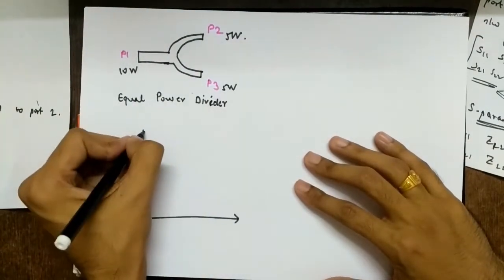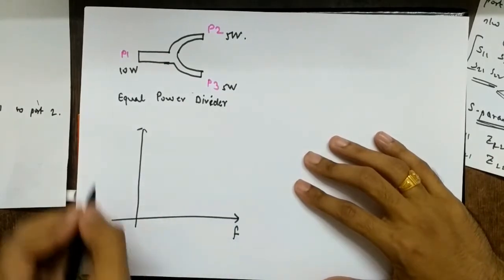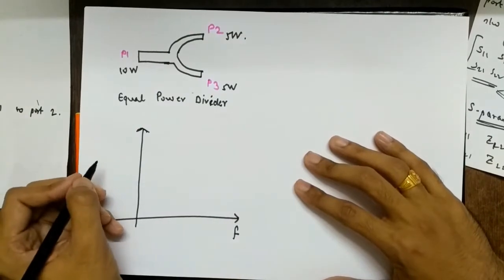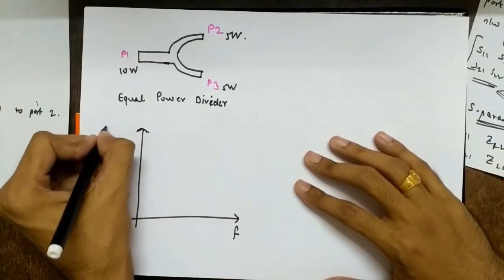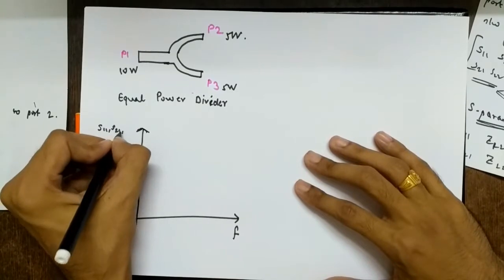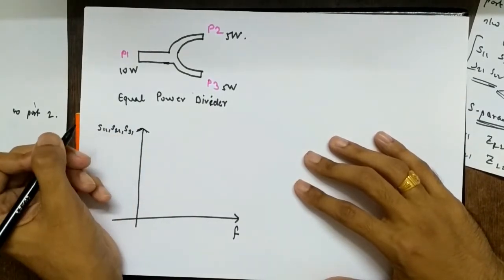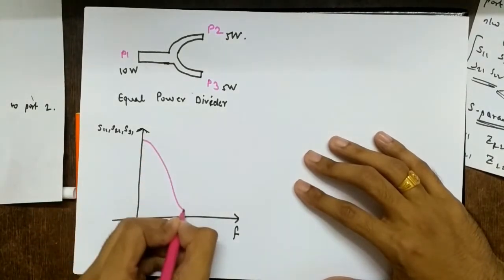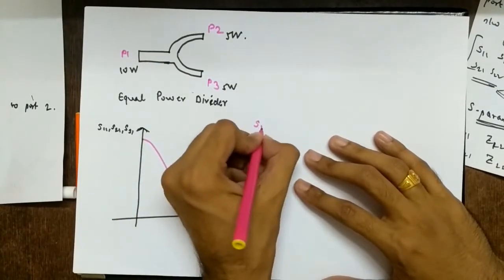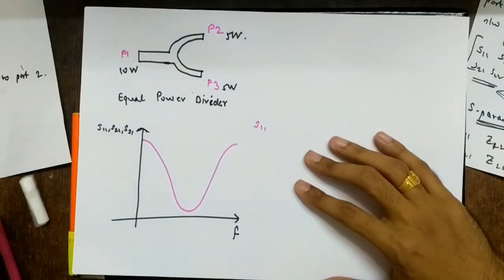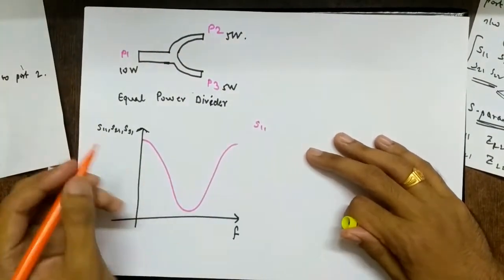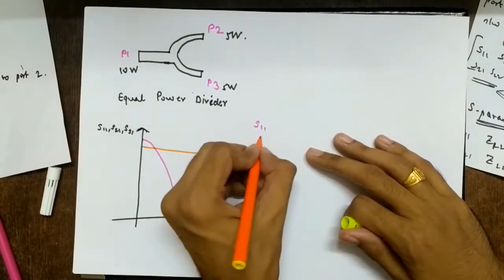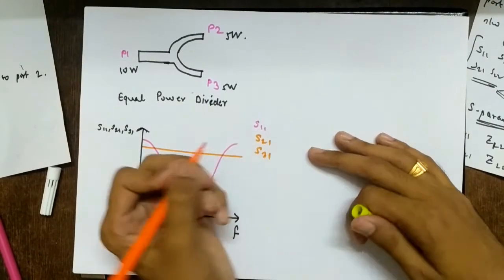I'm drawing an S parameter plot, the scattering parameters. This is my S11, S21, S31. I draw this as my S11, marked in that color here. Then I have S21 and S31 represented by the same colors.